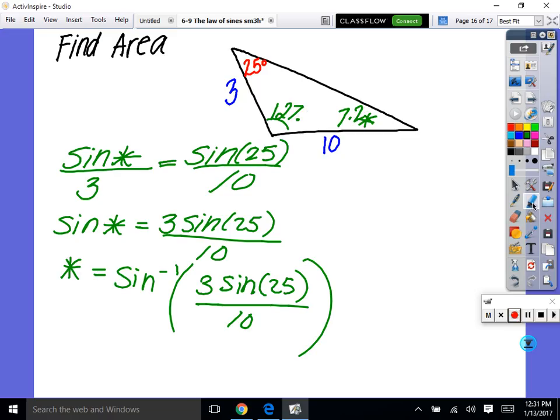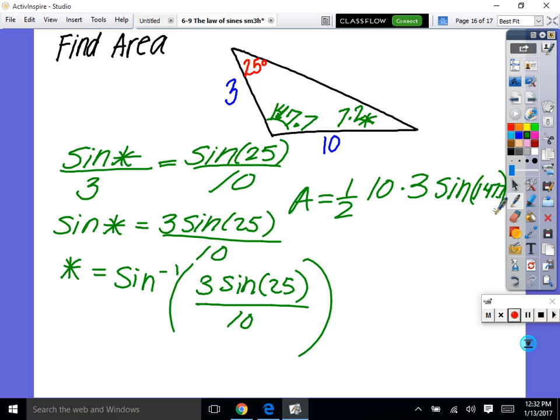Okay. 147.7. So now can't we say area is equal to 1/2 times side 1 times side 2 times sine of the angle in between.